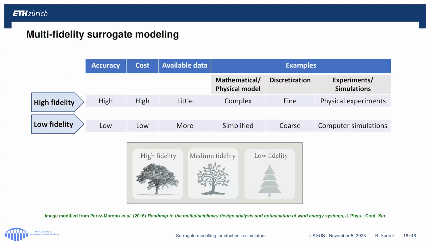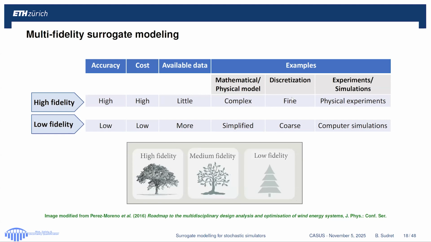We recently extended this to multi-fidelity surrogate modeling. Generally speaking, multi-fidelity is when you have, for the same phenomenon, the same system, a so-called high-fidelity model that is accurate but usually costly to evaluate because it has complex physics taken into account, complex mathematical description, maybe very fine discretization for the ODEs or PDEs.